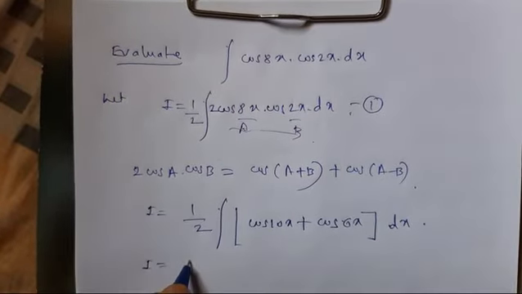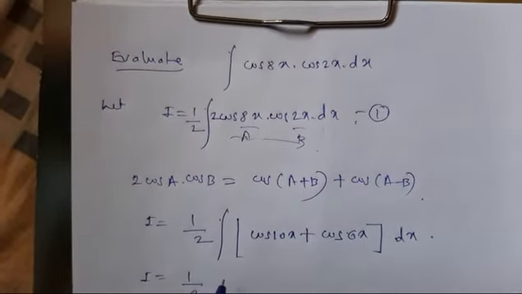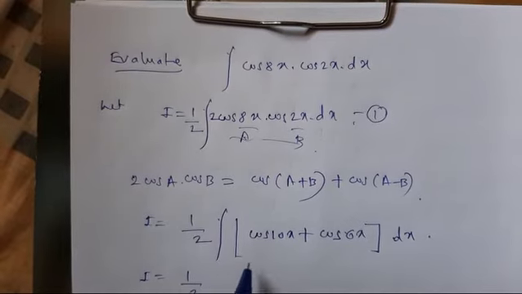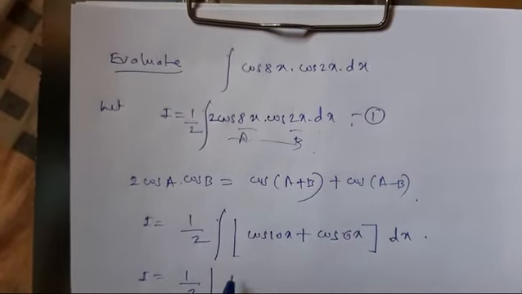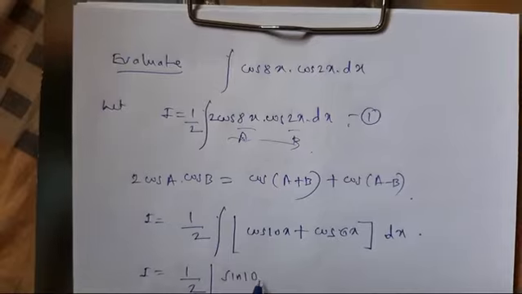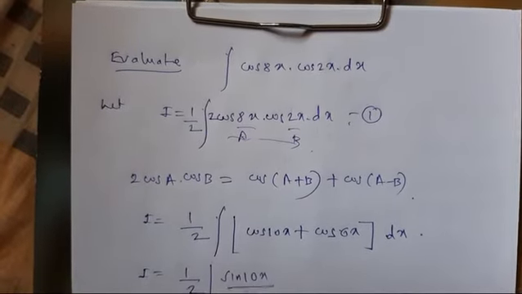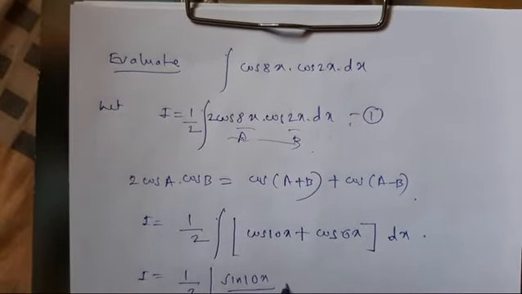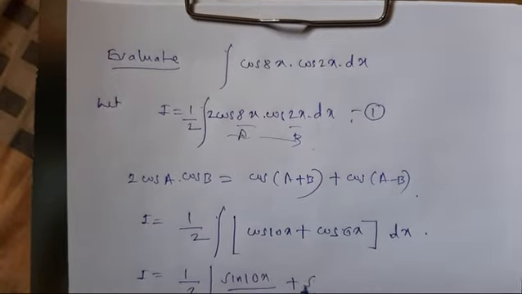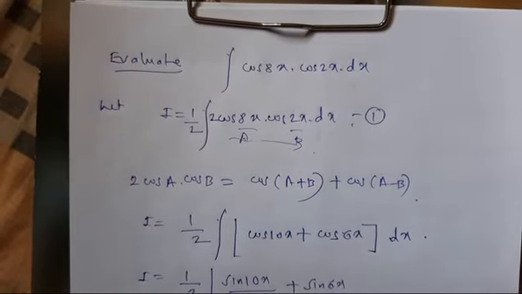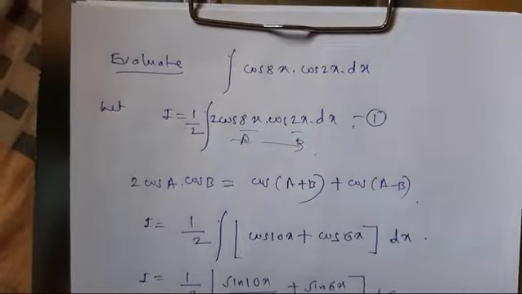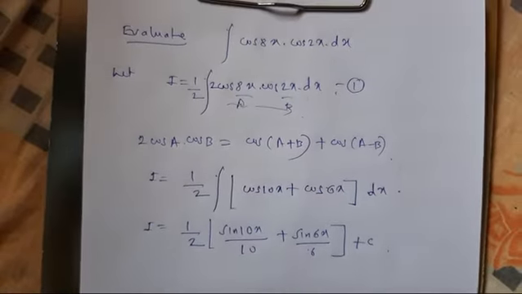Therefore I is equal to 1 upon 2 [ integration of cos 10x is sin 10x upon 10, plus cos 6x is sin 6x upon 6 ] plus some integration constant c.